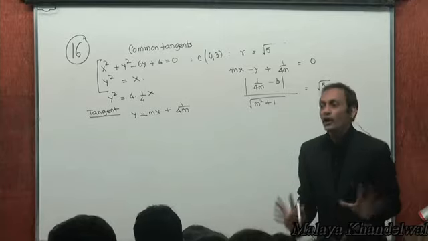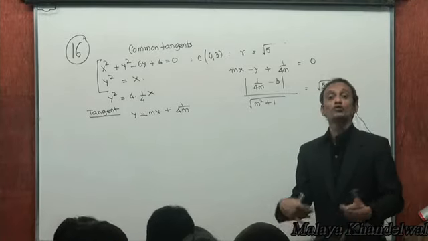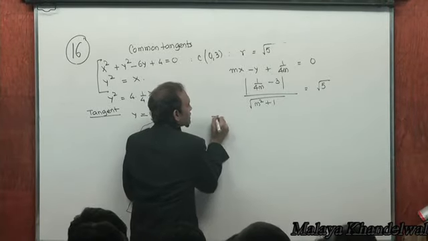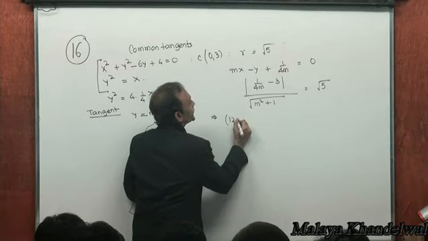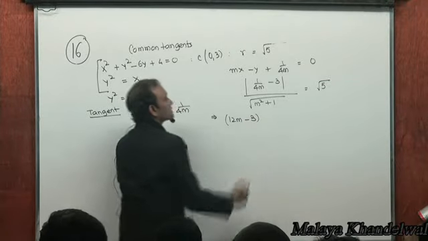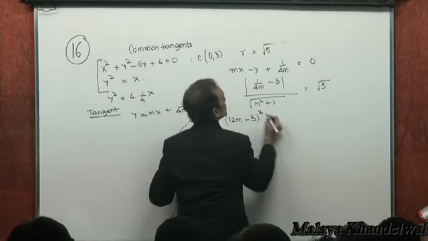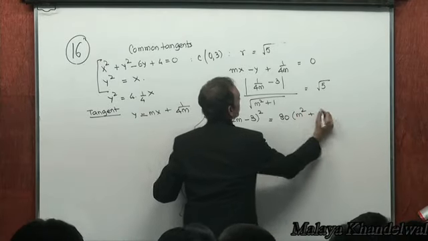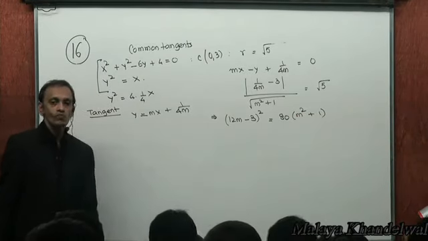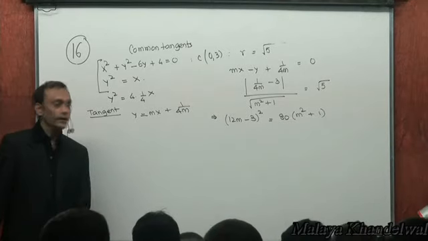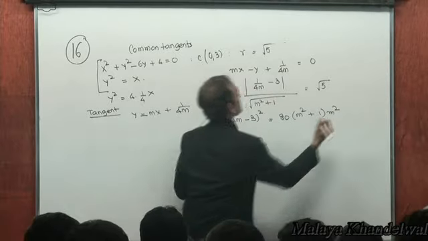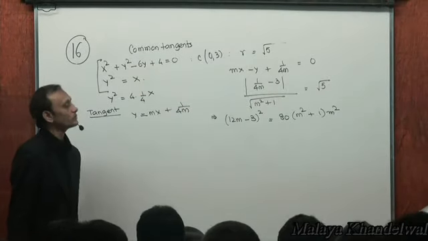So, now it's merely algebraic. Let's see how to solve for m given this. Okay. So then we have (12m minus 3) whole squared equals 16 into (5 into m squared plus 1) into m squared. Right? This is what we need to solve. Clear?